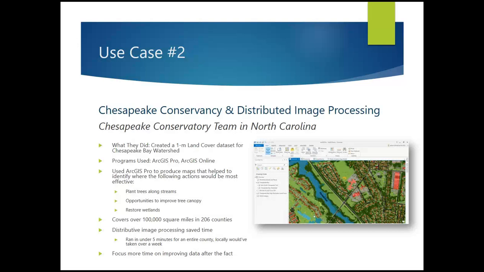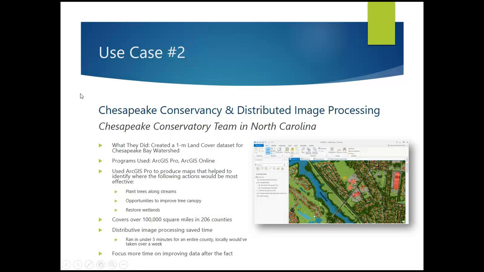And now with ArcGIS Pro, they were able to process 3.8 billion pixels of native imagery in high resolution in under 5 minutes, which allowed them to focus more time on improving data after the fact. So with this new computing power of the 64-bit multi-threaded application, they were able to create this data set in a much quicker and easier workflow.